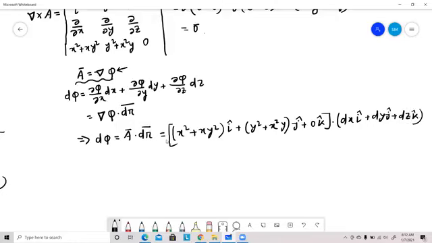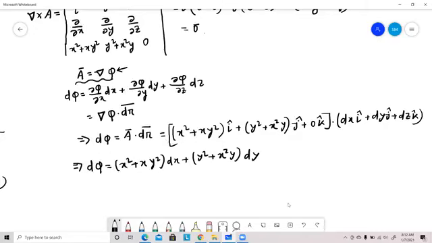Now if we do the dot product, we get d phi, which is (x square plus xy square) dx, then (y square plus x square y) dy.